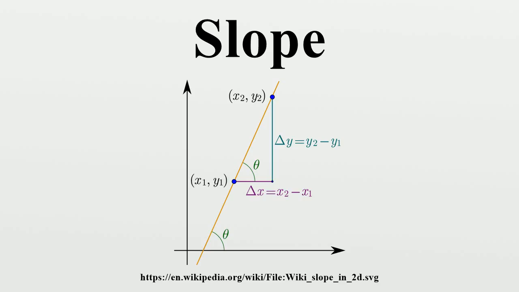For example, the slope of the secant intersecting y equals x² at a given pair of points is 3. By moving the two points closer together so that delta y and delta x decrease, the secant line more closely approximates a tangent line to the curve, and as such the slope of the secant approaches that of the tangent. Using differential calculus, we can determine the limit, or the value that delta y over delta x approaches as delta y and delta x get closer to 0.